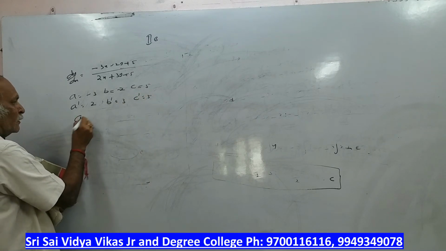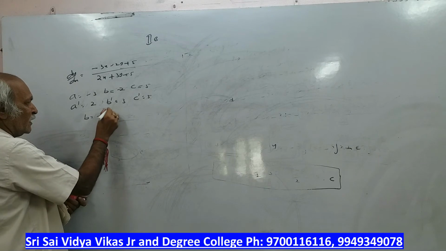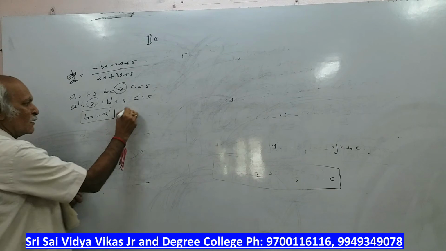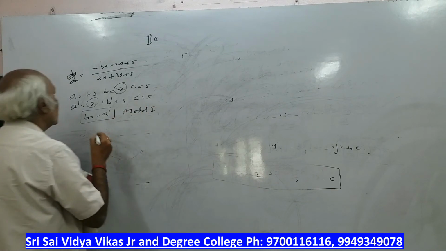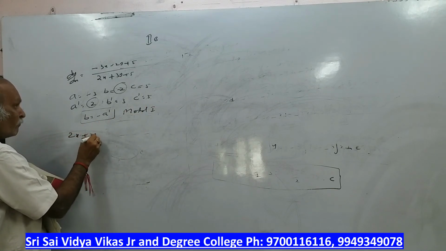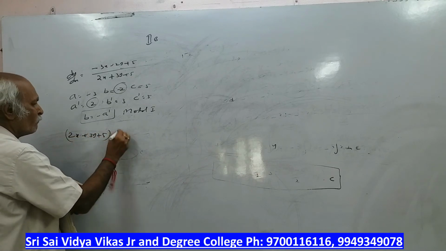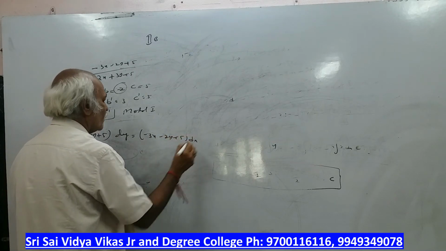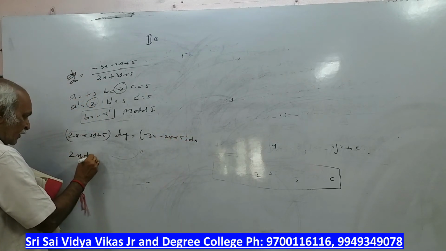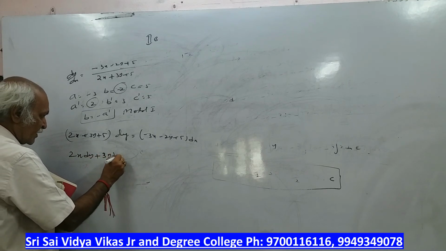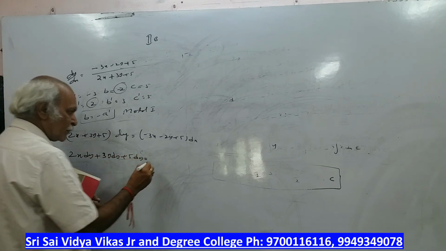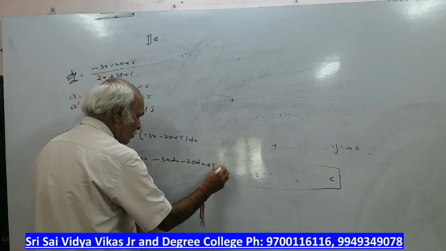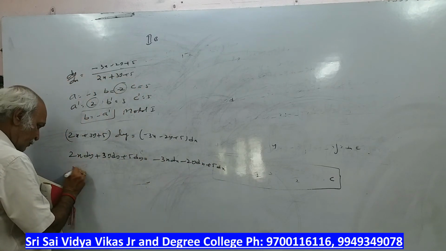Again b is equal to minus a dash. Here minus 2 is there, here plus 2 is there. So it is model 1. Cross multiplication. Open the bracket, 2x dy plus 3 dy plus 5 dy. Simple cross multiplication. Bring the terms to this side.